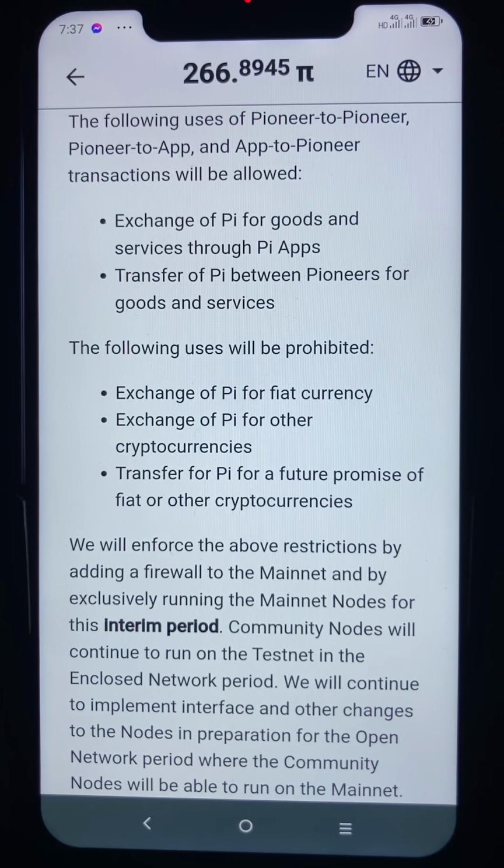Ayan, this one is very specific, ha? Bawal yan. Yung mag-ngangako kayo, mag-uusap kayo, pagka-open mainnet, palitan tayo nito ng pera or cryptocurrencies. Bawal yon. So, if for some reason, they find out na meron kayong ganung transactions, masa-sanction kayo.